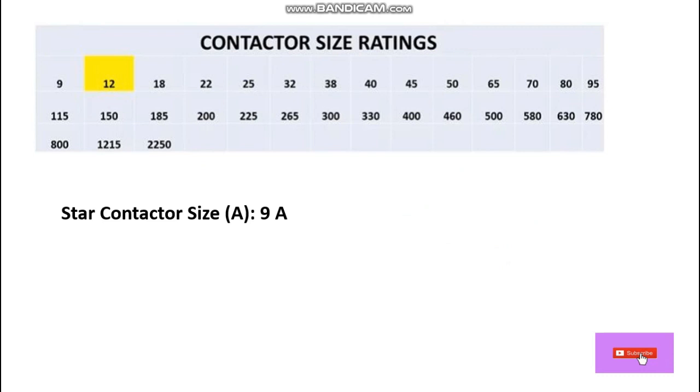So generally the contactor sizes start from 9 ampere. If any manufacturer of switchgear, like contactor make, has a rating below 9 ampere, then we can go below that. If not, then 9 ampere. Okay, always go higher than the calculated value. So the star contactor size is 9 ampere.